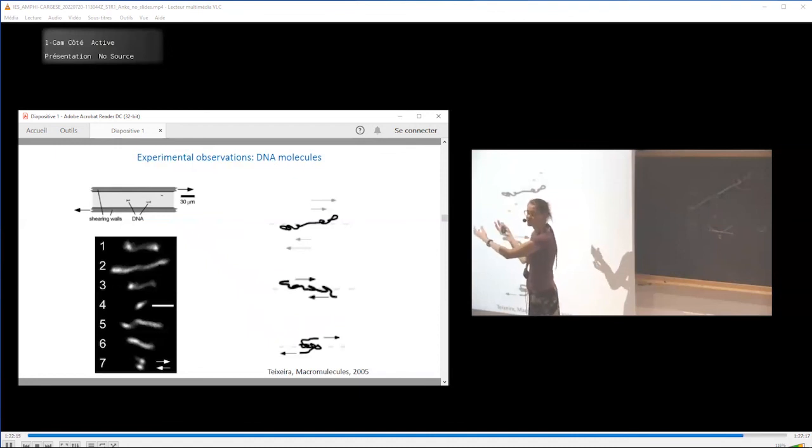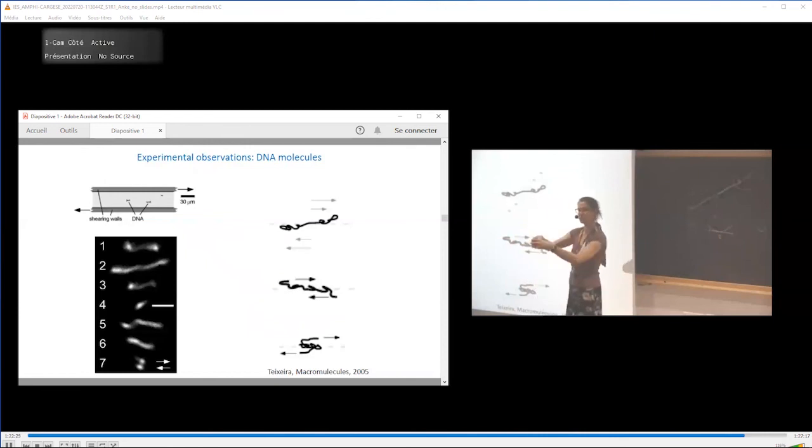You would even relax before. You would start relaxing, then you rotate to the compressive quadrant. You would be compressed, and then you would be stretched again. So it's really a loop that continues between stretching, tumbling, coiling, stretching, tumbling, coiling. It's just that most of the time the elongated filament is actually aligned with the flow, while in the coiled state it has much less influence on the flow.